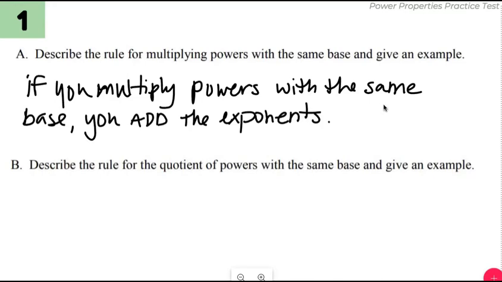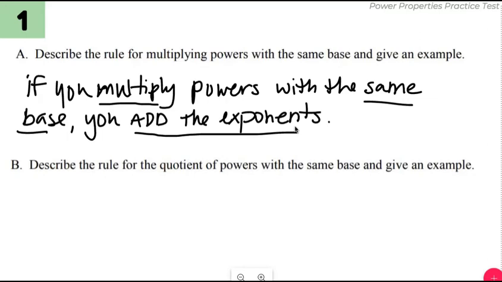That's all we're looking for. The rule is that if you're multiplying powers with the same base, you add the exponents. So the key words are multiply, same base, and add the exponents.